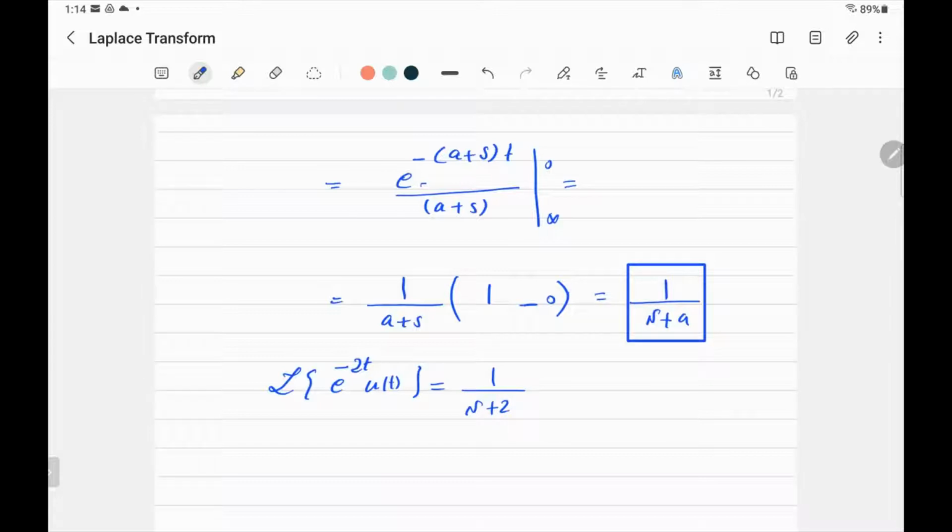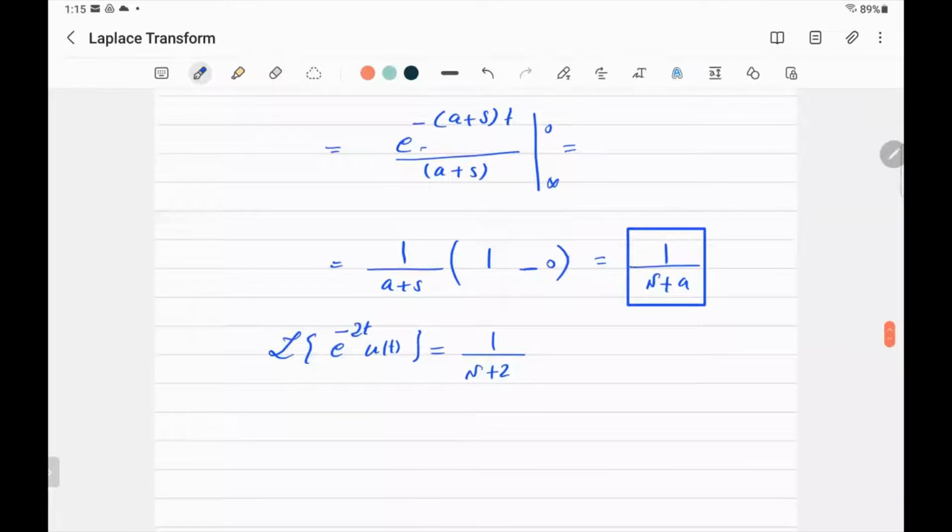If I want to find the Fourier transform of the same function, what's the answer? 1 over a plus j omega, right? So if you know Laplace, you can get Fourier. Replace s by j omega. That's the trick. And if you know Fourier and you want to find Laplace, replace j omega by s.